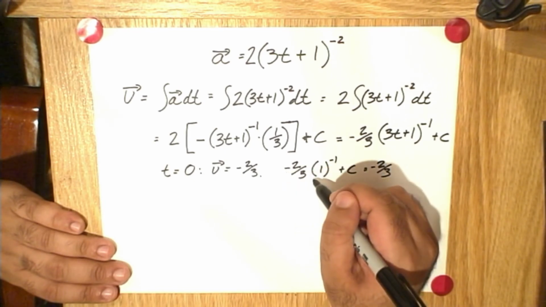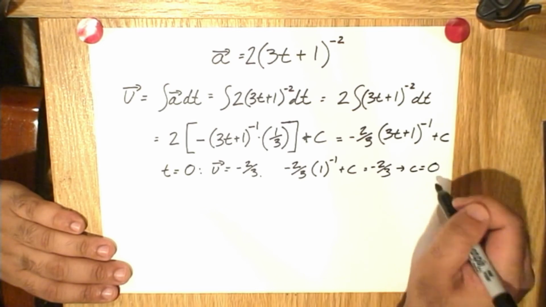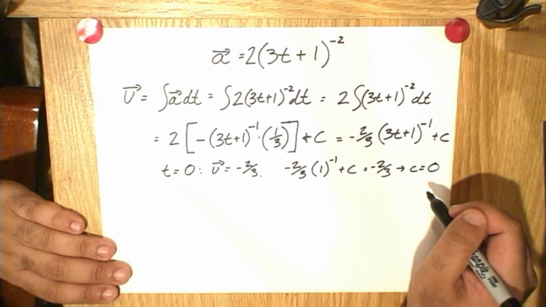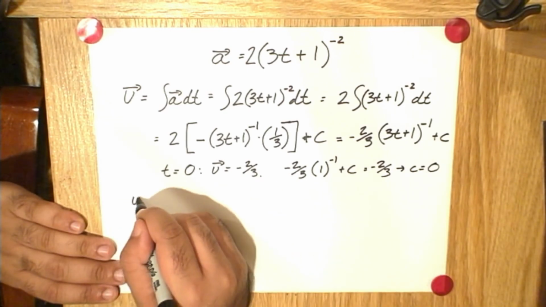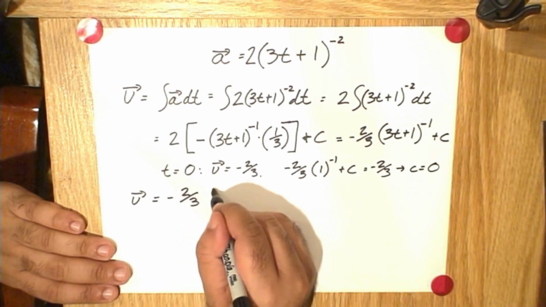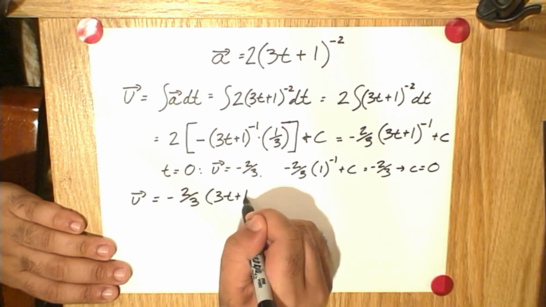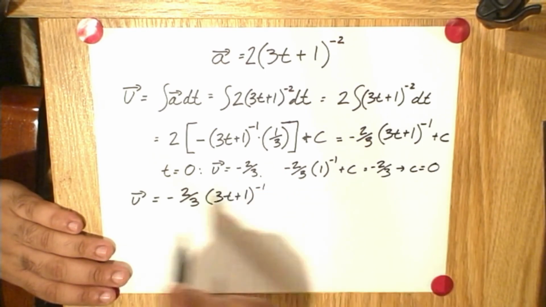Negative 2/3 times that would be negative 2/3. So that works out that c is equal to 0. So now we have an expression for the velocity. The velocity is equal to negative 2/3 times (3t + 1) raised to the negative 1 power, and c is equal to 0.